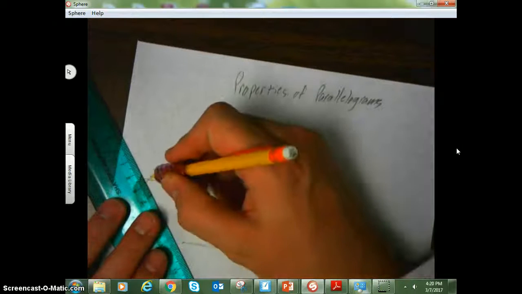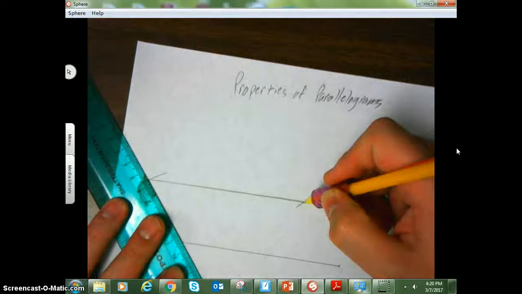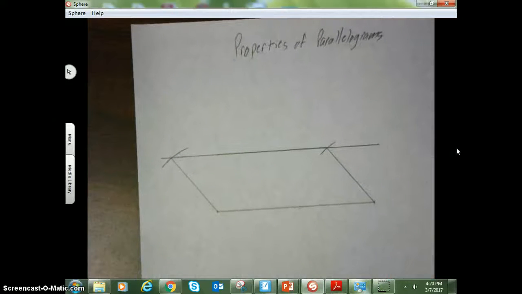And what I can do now, from the intersection I made with the arc and the line, is create something that looks like this.